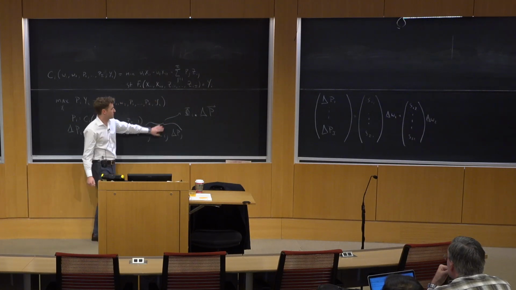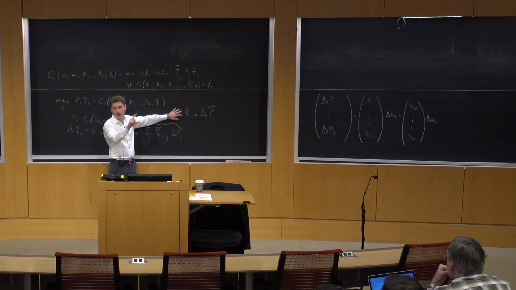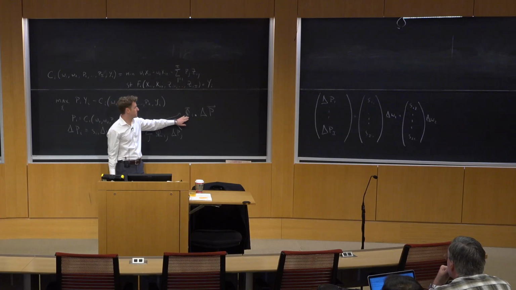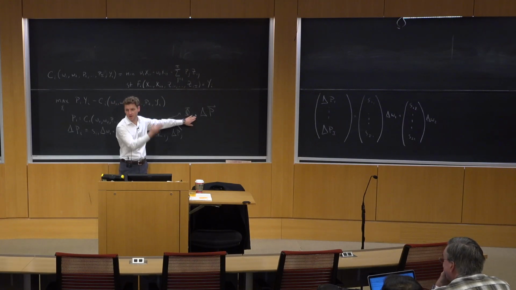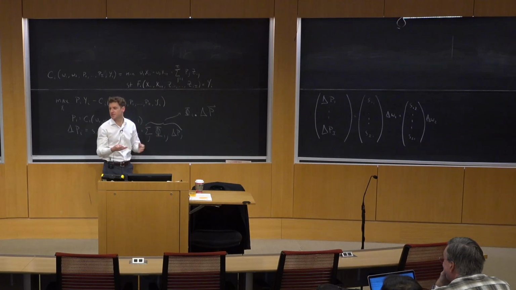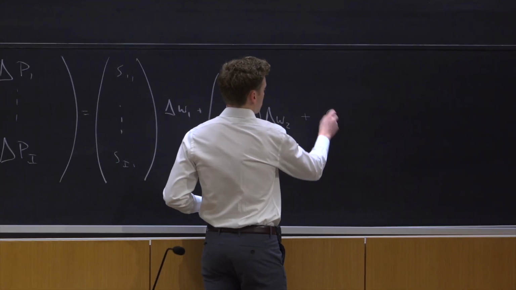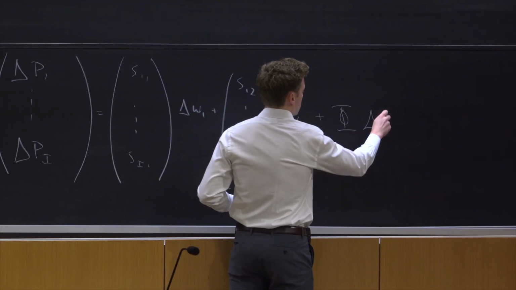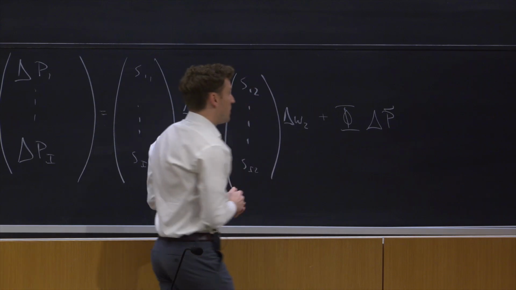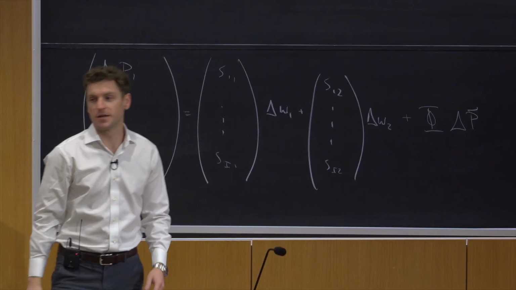And then on the left, the row object for each industry is going to be phi1 dot all the way down to phi capital I dot, which is just this whole matrix phi. So over here, we just end up with plus phi times the change in the whole vector of prices.